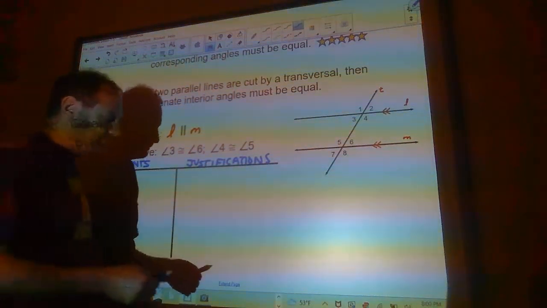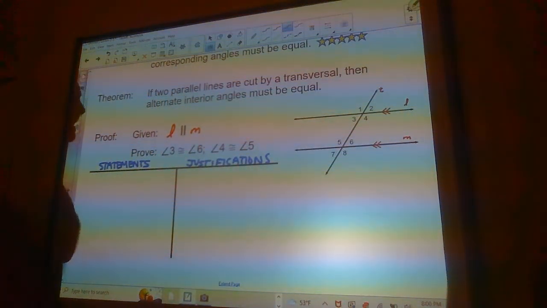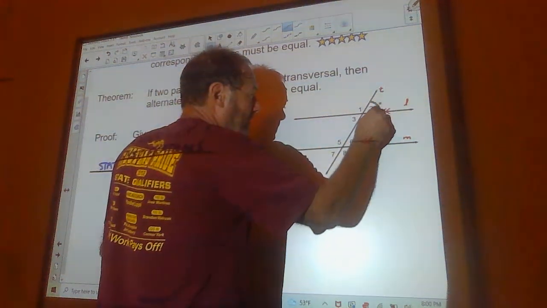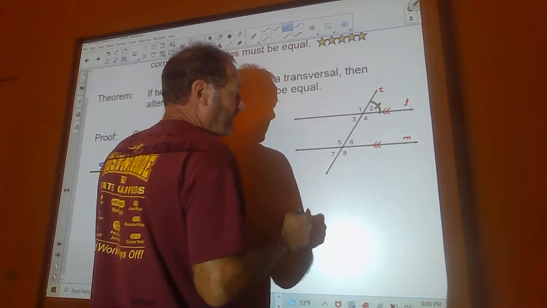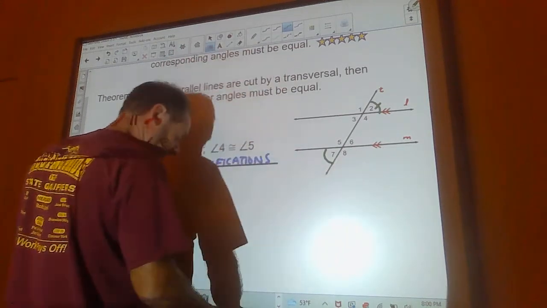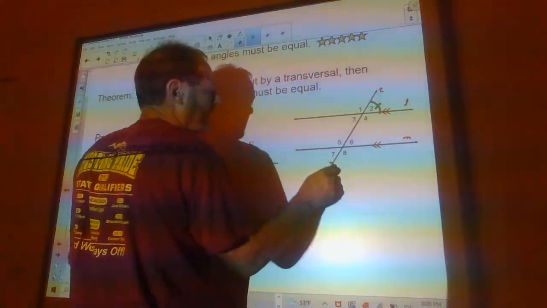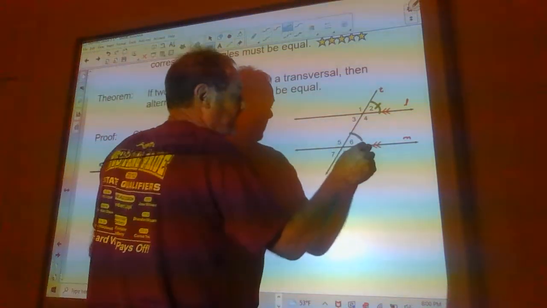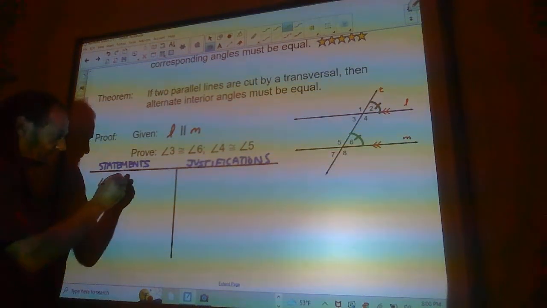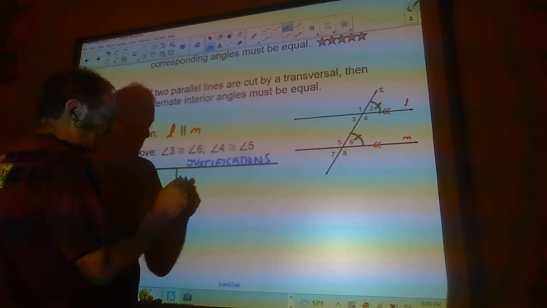And so here we go. My first statement is that I'm going to say angle 2 is equal to angle 6, okay? Angle 2, we'll say it's congruent to angle 6, and I need a justification for that.